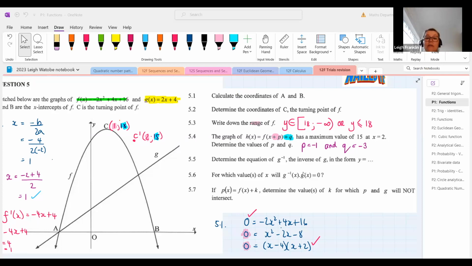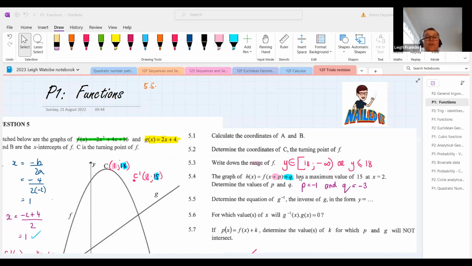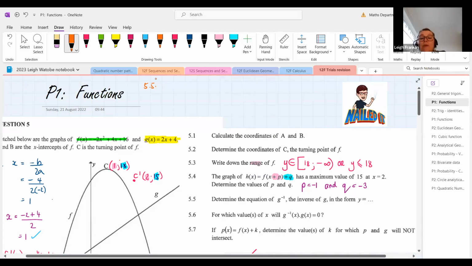Okay, so as far as question 5.5 is concerned, there's a bunch of you that have sent through answers. Remember, when we do an inverse, we have to switch X and Y. So that would be the first thing that we would do. So we can write down G minus 1, and then we can go and switch X and Y. So we would end up with X is equal to 2Y plus 4.